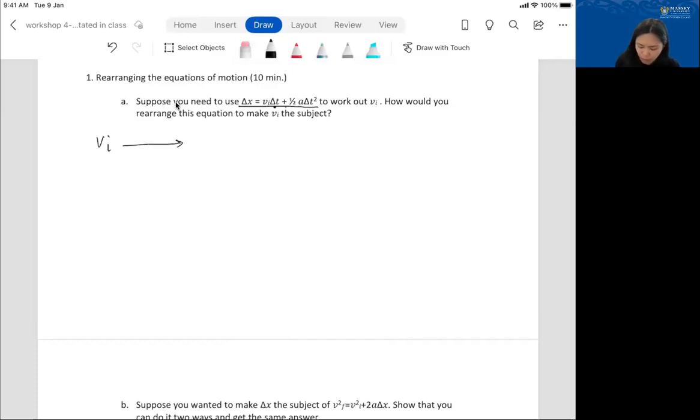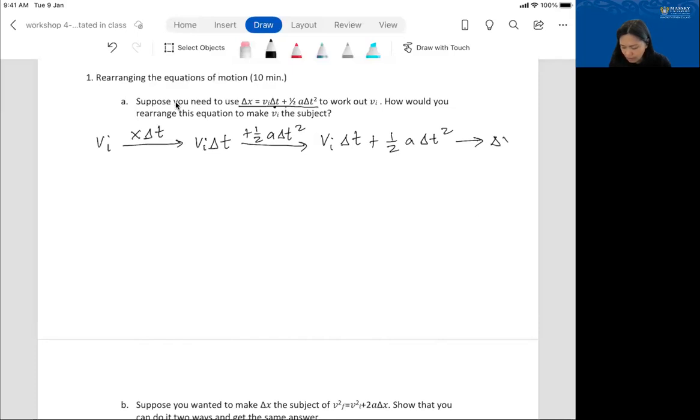So first we multiply vi with delta t. Then we have vi delta t, and then we add 1/2 a delta t squared, and that builds the equation up: vi delta t plus 1/2 a delta t squared, and that's equal to delta x.